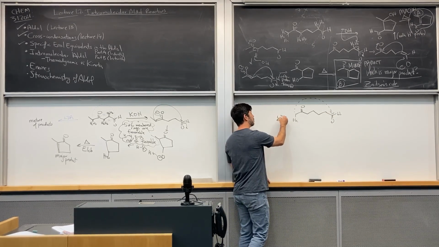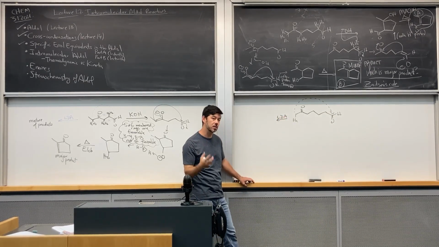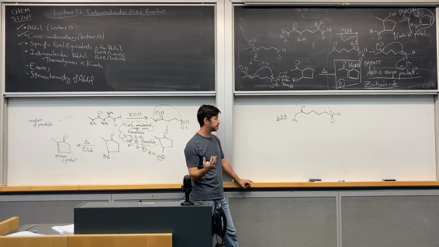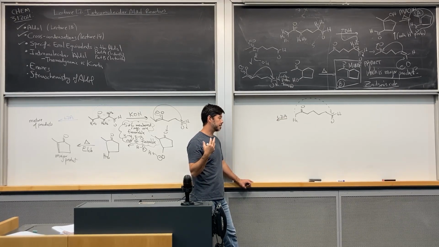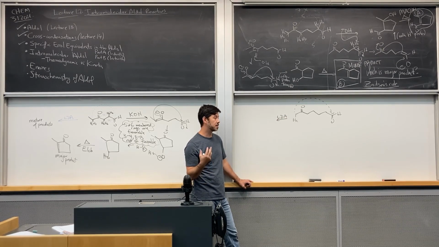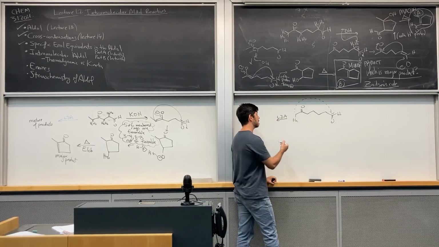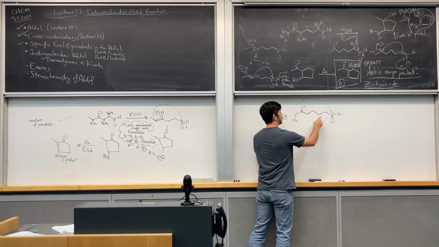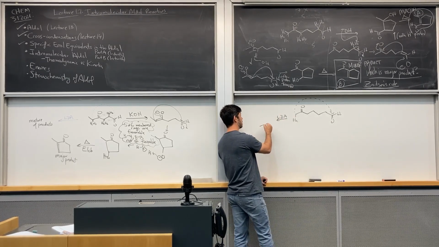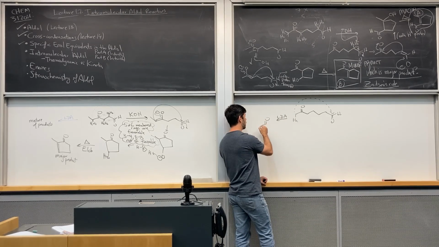A good base to use would be LDA because it's sterically hindered. It's going to take the least sterically confined proton. So it's going to take these ones, which are much easier to enolize, and then you'll get that irreversible reaction happening over there. So let's draw what that 7-membered ring will look like.